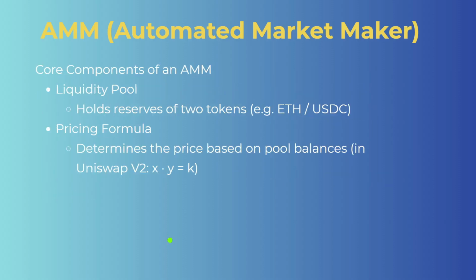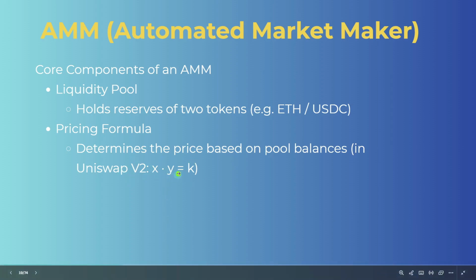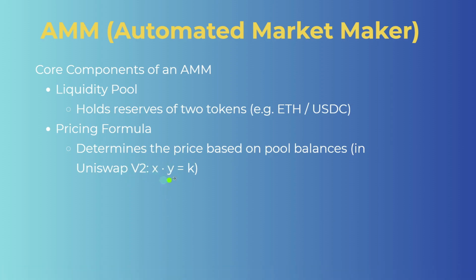The core components of the AMM are, of course, the liquidity pool, the smart contract that holds the true reserves of tokens, which are ETH and USDC, and the pricing formula, which determines the price based on pool balance. For example, in Uniswap V2, the product of the two balances of the tokens must be constant.